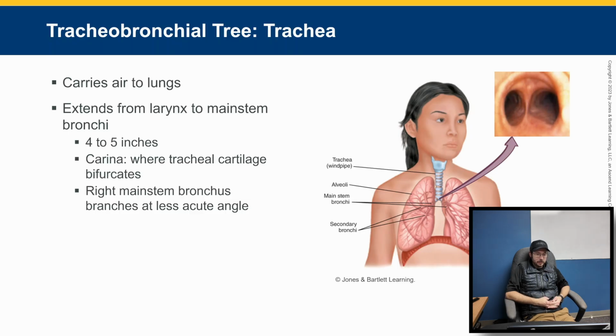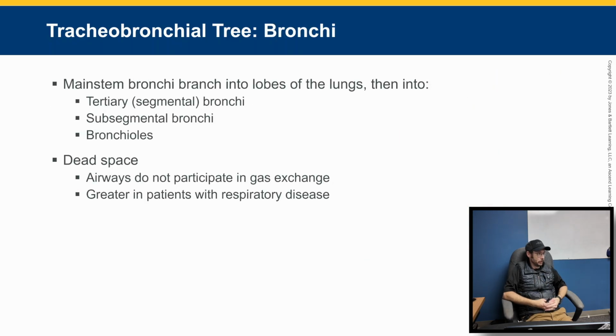We have the right mainstem bronchus. It is at a less acute angle. Most of your pictures like this don't do a good job of representing it, but up here you can see that the right kind of goes straight, just a gentle curve over to the right side, and then to the left it is a much more significant angle.